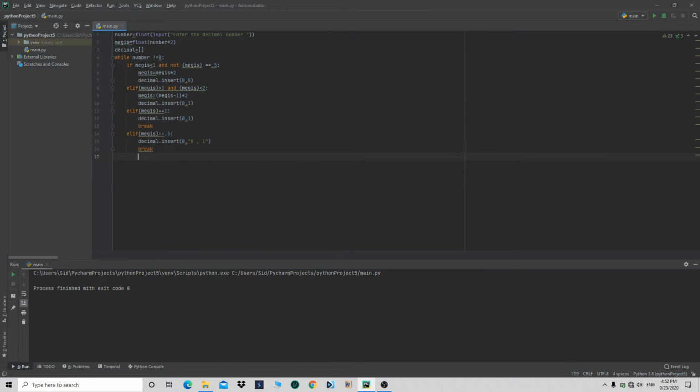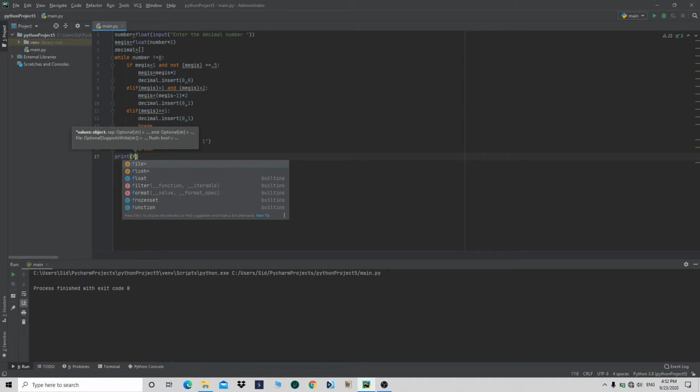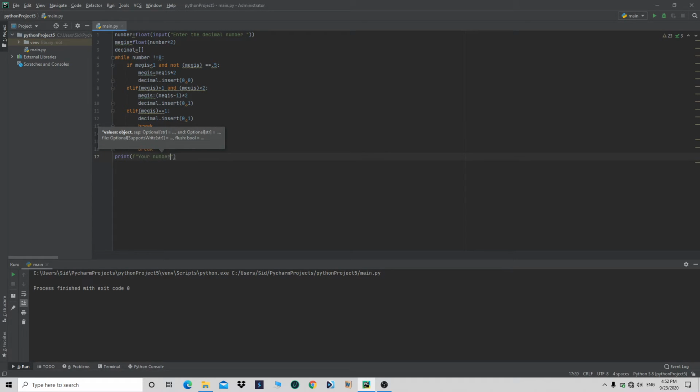And the next thing is that I'm going to print the decimal number. I'm going to print the decimal, f double format. Your number is curly braces decimal.